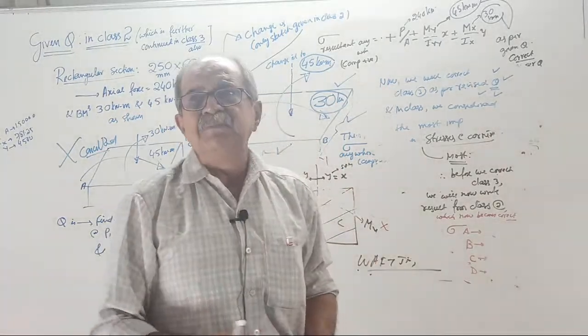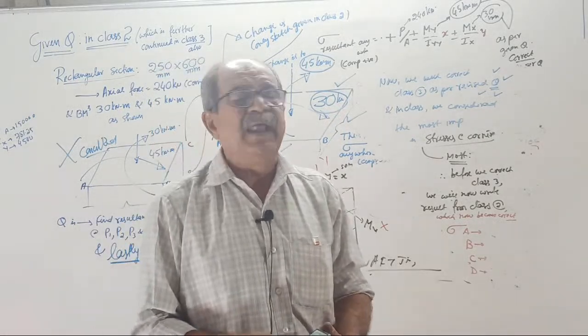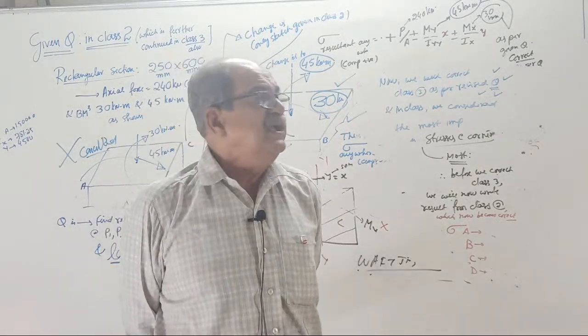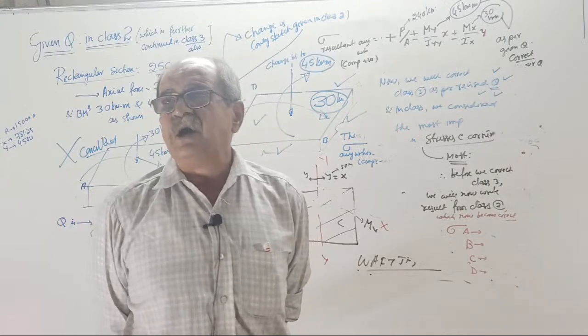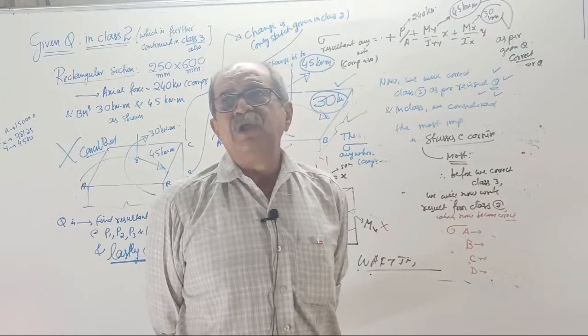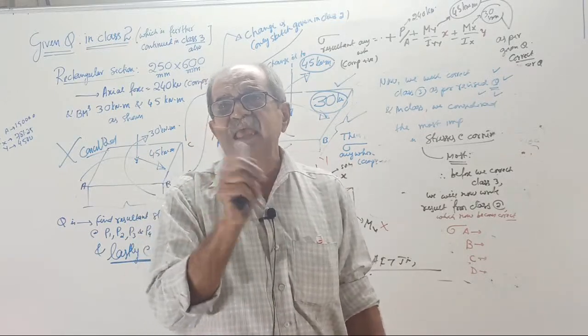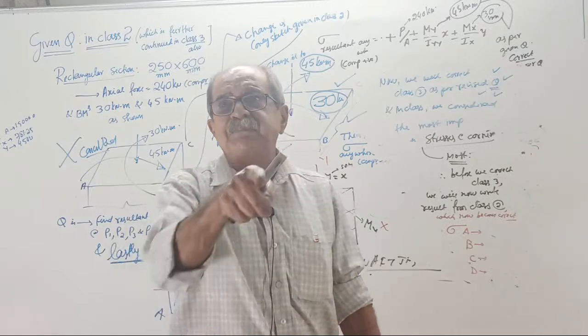I told in my class, in structural engineering, not everywhere, in basic subjects like engineering mechanics, strength of materials, structural analysis, finite element method, matrix method, if the answer is not tallying, I will stop teaching.